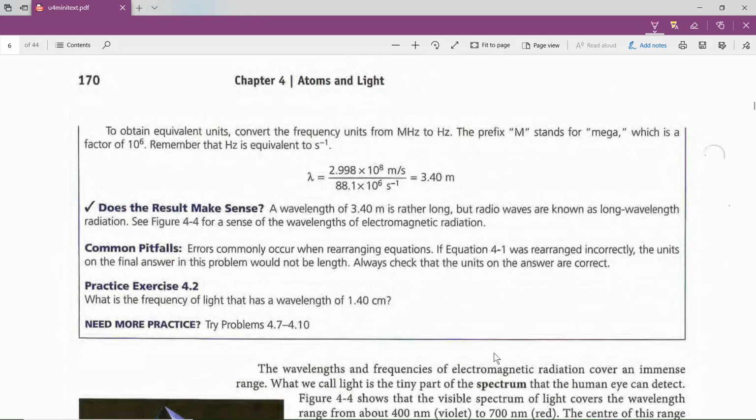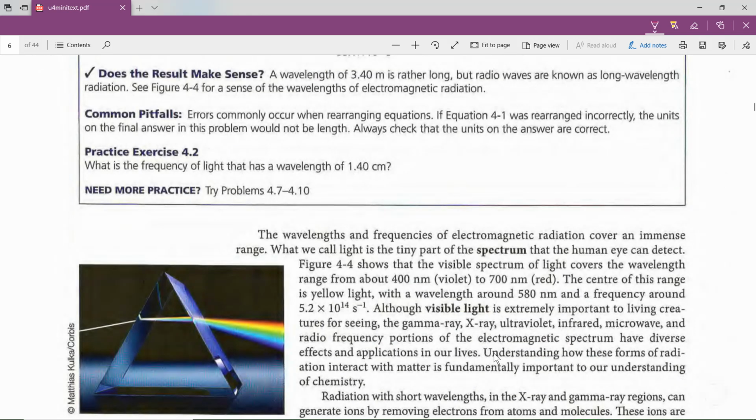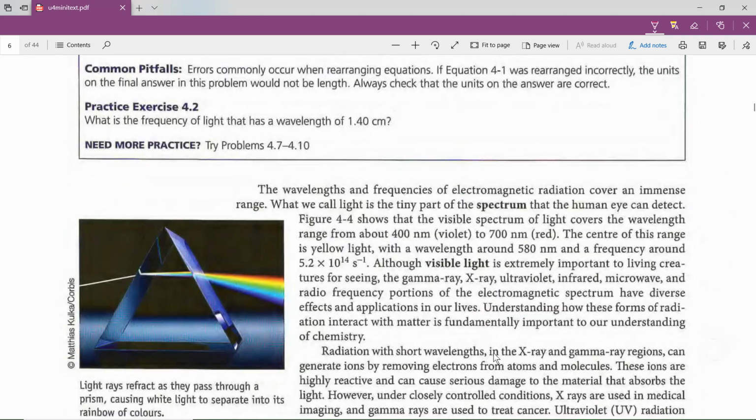Okay, so let's try this one here. What is the frequency of light that has a wavelength of 1.4 centimeters? Frequency, so here nu is c over lambda. C equals lambda nu, so nu is c over lambda. So 3 by 10 to the 8th meters per second divided by lambda, 1.4 centimeters. Well, we have to convert that to meters.